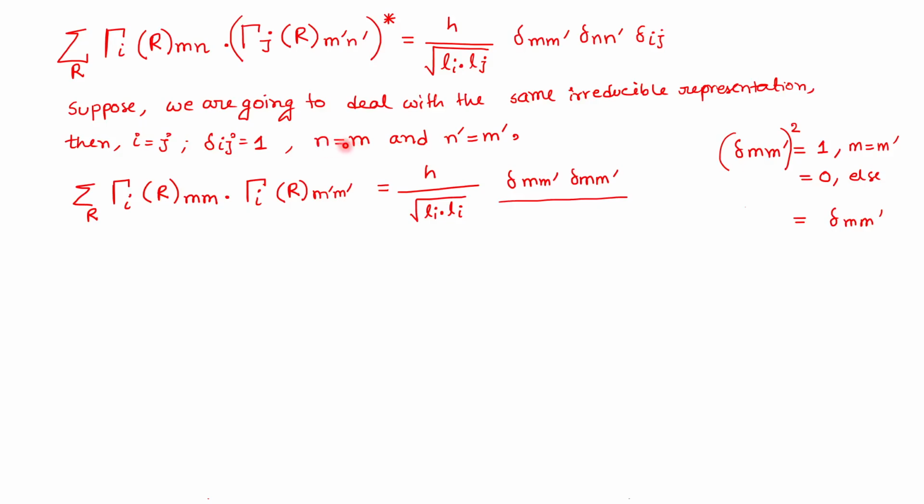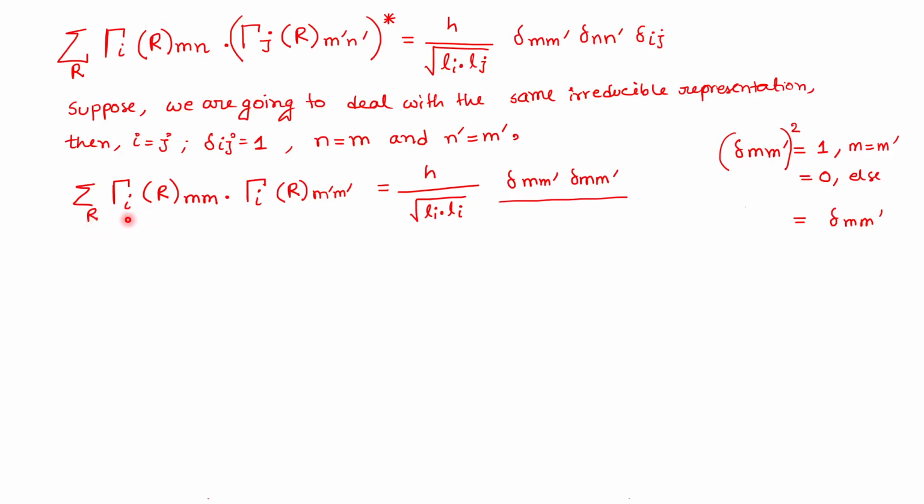So for that case, m is going to be n and m dash is going to be n dash, since we are only thinking about the diagonal terms of each transformation matrix. So let us see how this equation transforms.